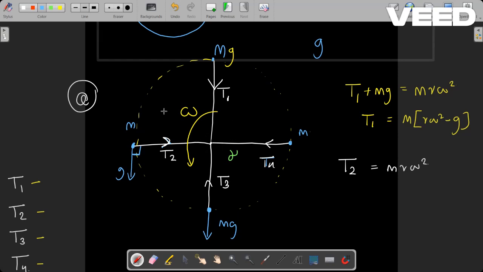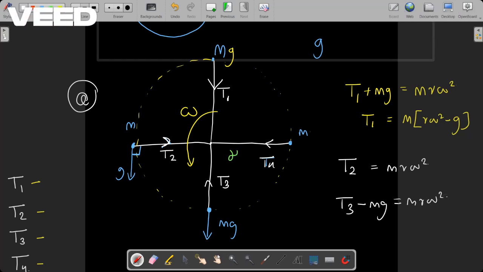So T3 must be a larger value. Why? To maintain the same centripetal acceleration, you will need a bigger tension. Let's see. T3, applying the equation, minus mg equals again the same centripetal acceleration.